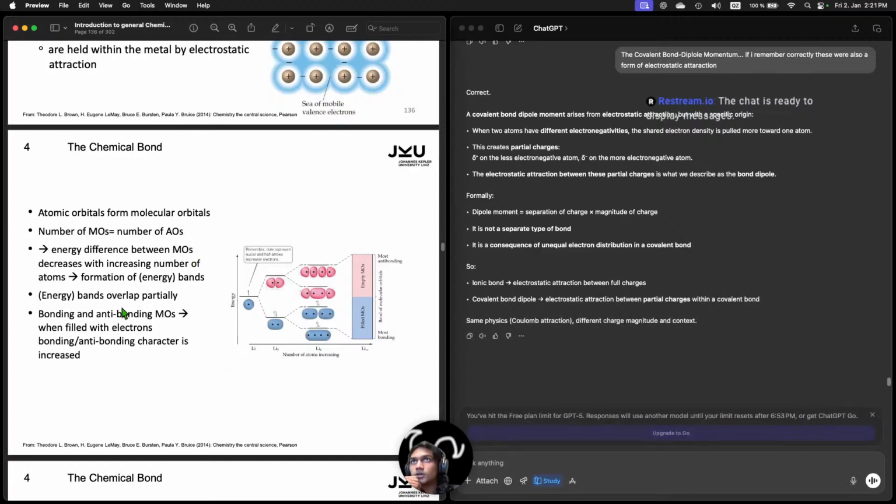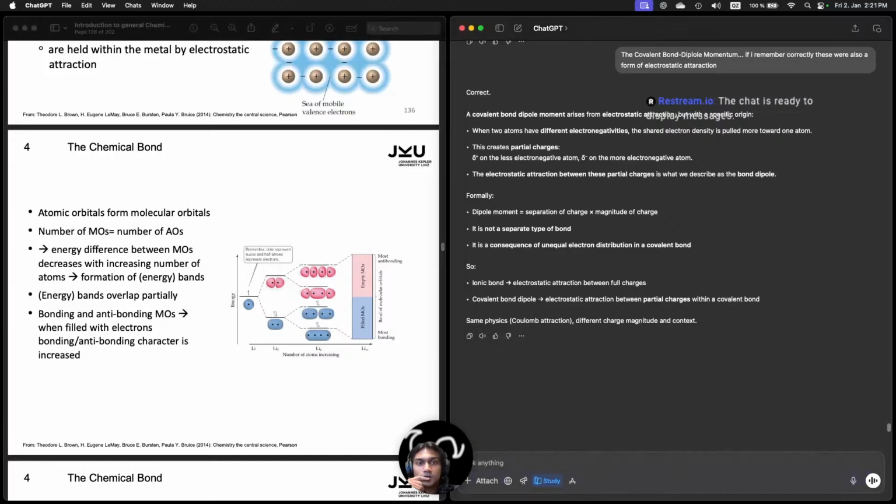Energy bands overlap partially. Energy difference between molecular orbitals decreases with increasing number of atoms.